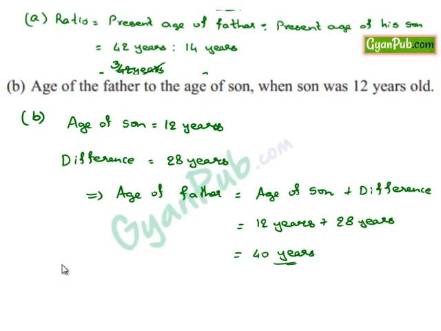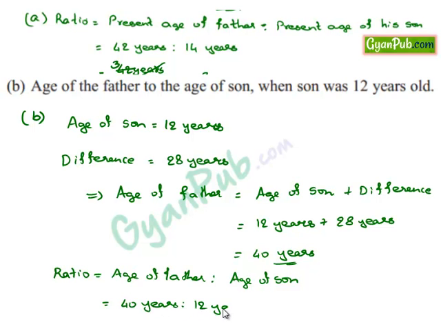Now, the required ratio is age of father to age of son, which is equal to 40 years is to 12 years, which can also be written as 40 years upon 12 years.